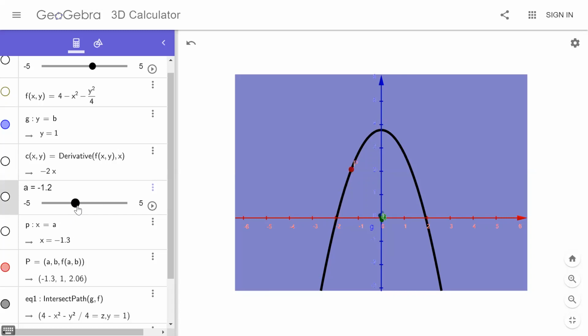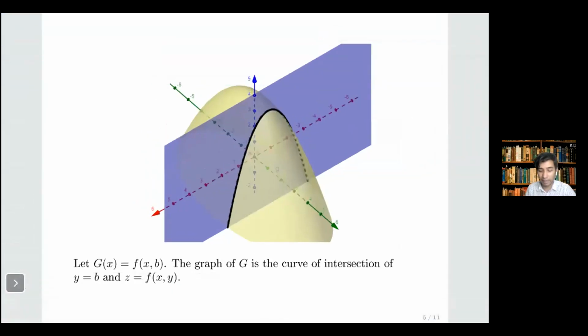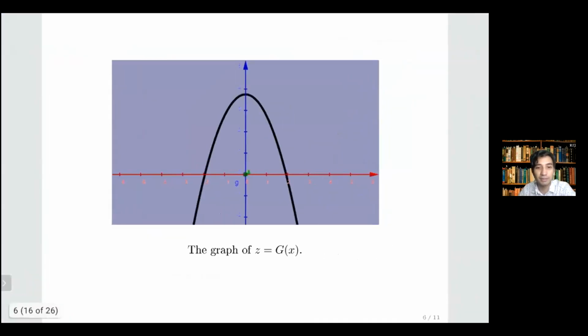So given any x, we have a z value. So going back, this is what I said. This is the graph of z equals g of x.